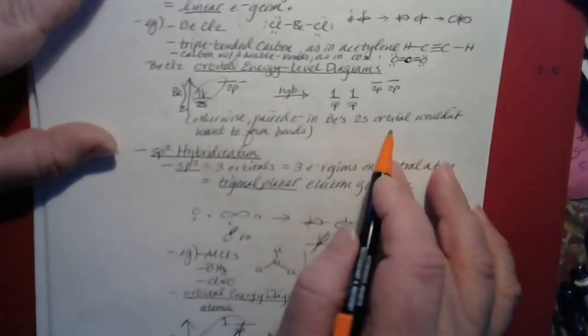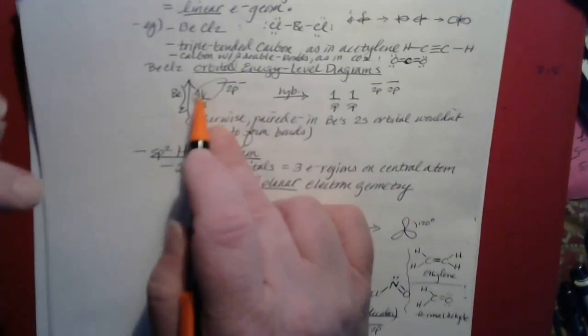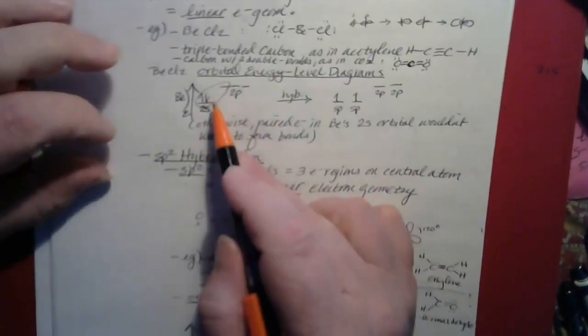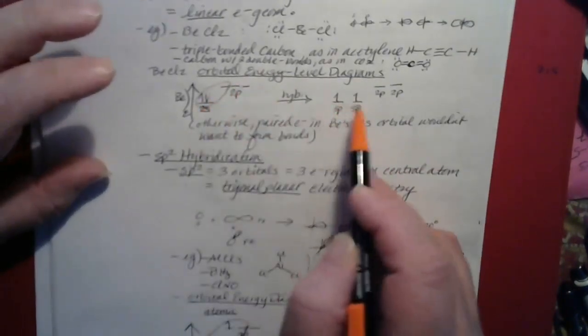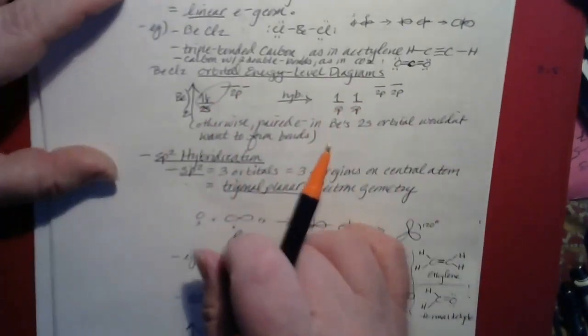If this didn't happen, there'd be really no reason why beryllium would want to form any bonds, because it has two electrons in the s orbital of the second shell. That s orbital is filled, and it should be fairly content that way. It's got two valence electrons like helium does. It's the fact that it can form these hybrids and split those electrons up into lone electrons in two different orbitals that allows it to form bonds.